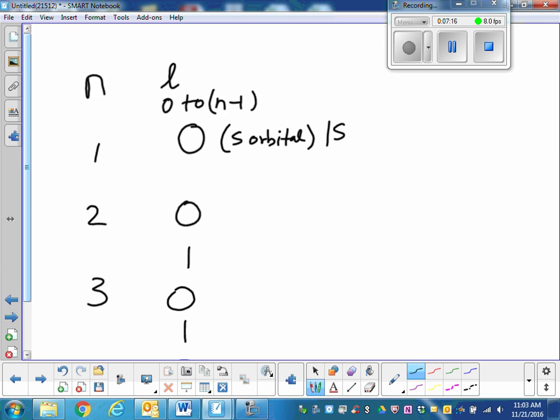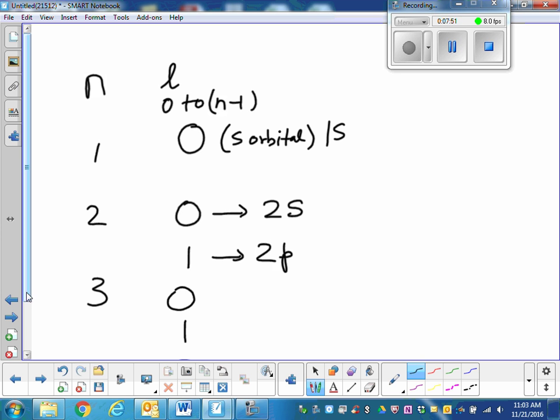N equals 2, L equals 0. Which energy level are we talking about? 2s. This L equals 0 indicates the energy level 2s. If L equals 1, which orbital is it talking about? 2p. This is the 2p. Are we good?